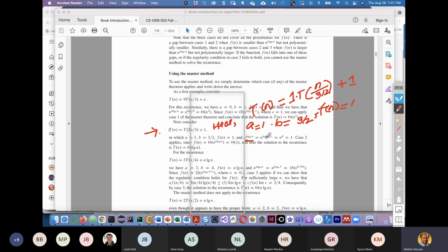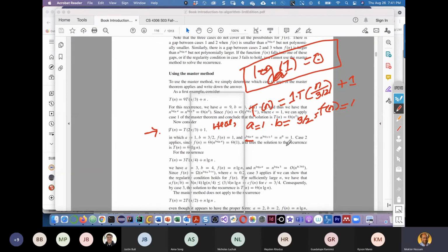We know that log 1 equal to 0 with any base, if you remember your high school math. That means n to the power 0 equal to 1, right?